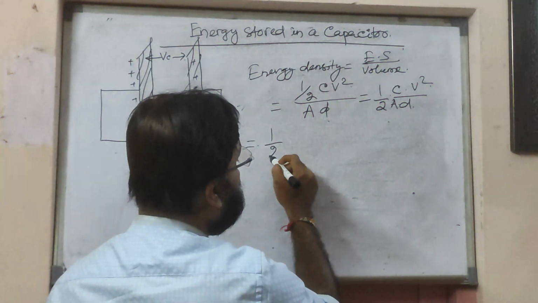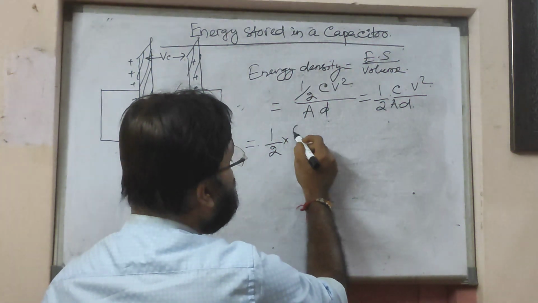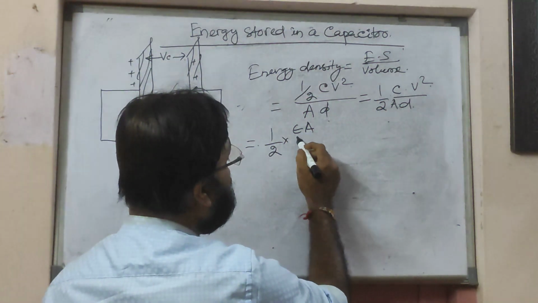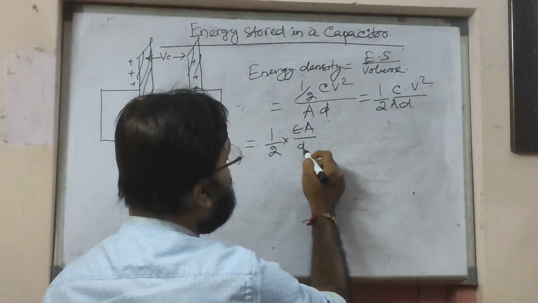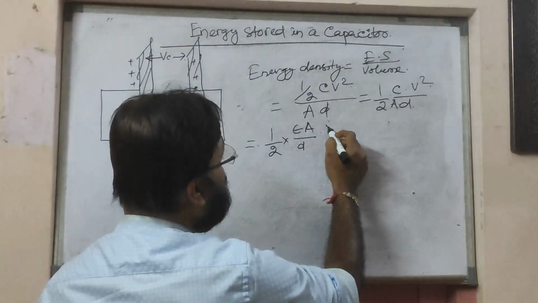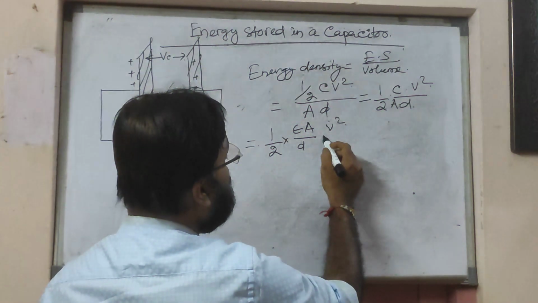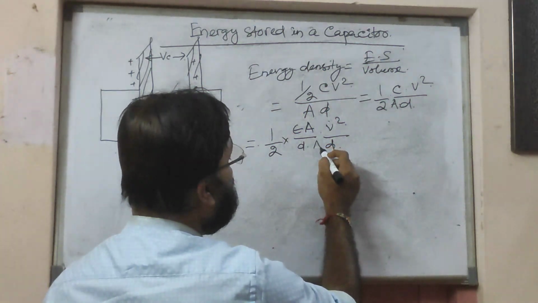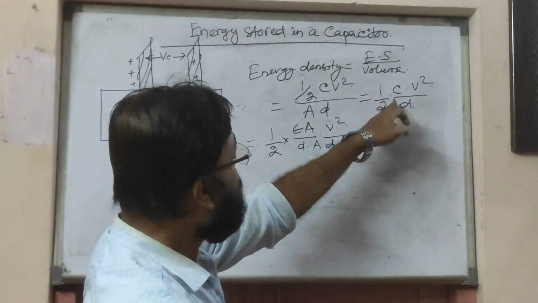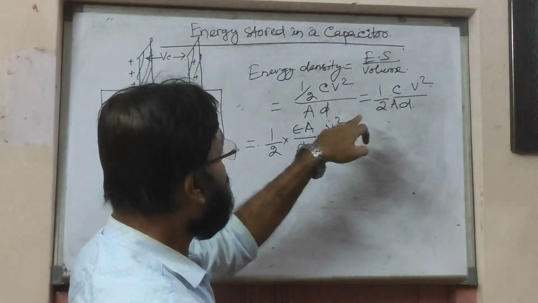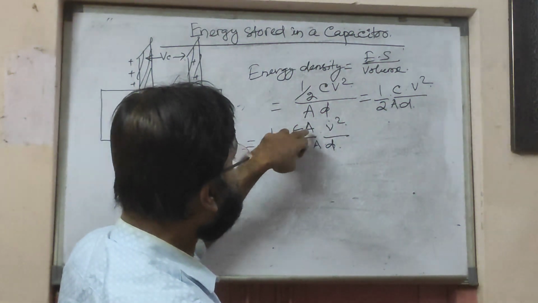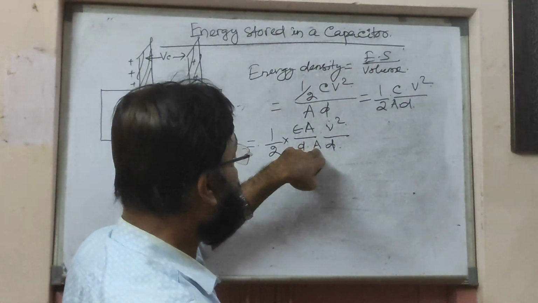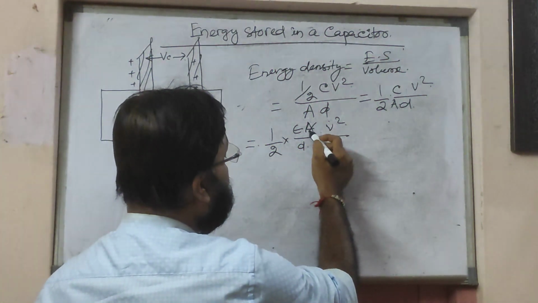For a parallel plate capacitor, C is equal to epsilon A divided by D, into V square divided by A into D. In the denominator there is A, so A gets cancelled out.